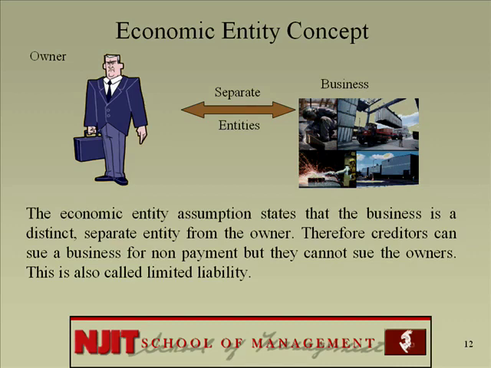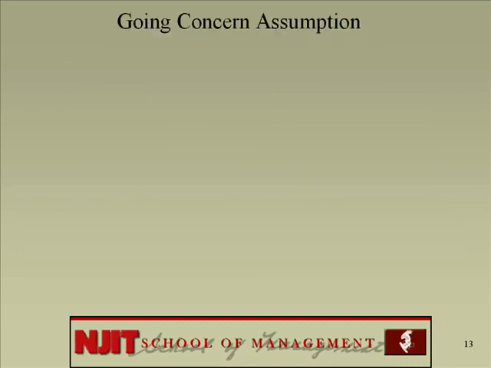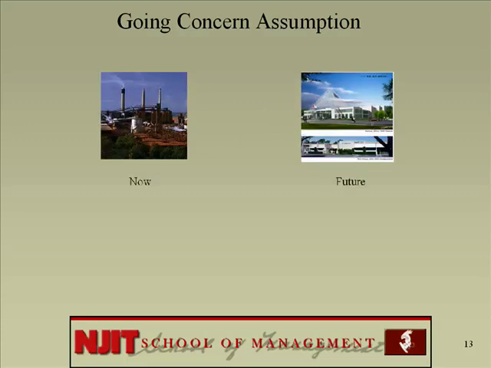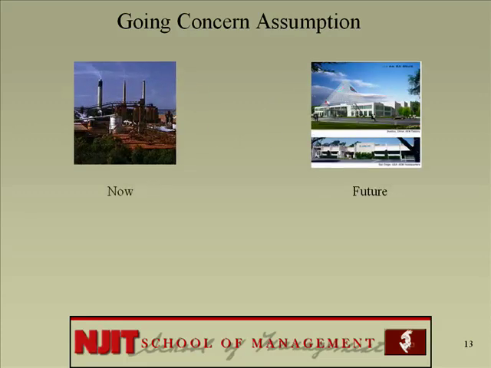So it's important. So let's go on to the next one, the going concern. The going concern assumption states that the business will continue in operation long enough to carry out its existing objectives.